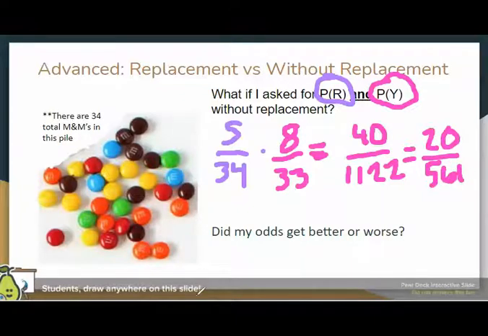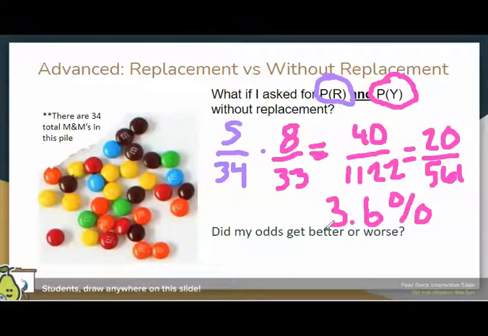And then when I turn this into a decimal, 20 divided by 561 will be a 3.6% chance of occurring. And then it's asked, did my odds get better or worse?